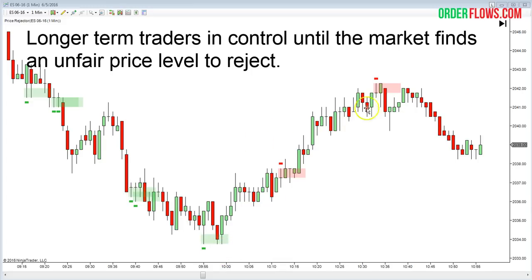It's not sitting up late at night in the dark drawing lines and hoping the price gets rejected here. Because to be honest, if you're drawing a line here at 2042 and you think, oh, I've got the level, it's a secret, my own Mike's secret level. Well, if I'm the only one that knows about it, who's going to make the market reject that price?